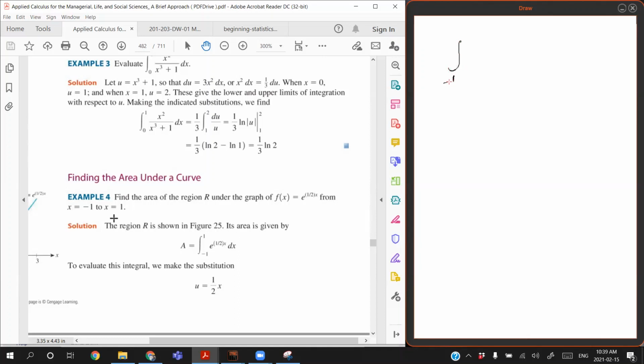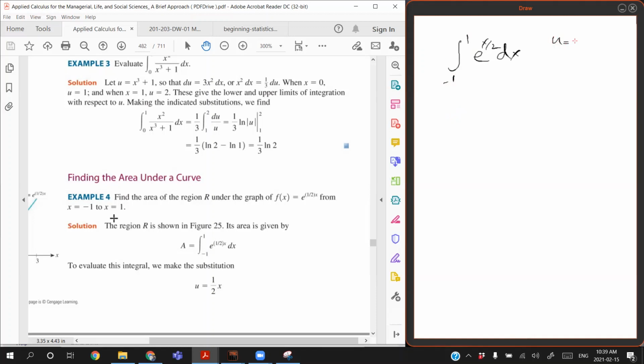We know that we are actually looking for this. This is the area under the curve e to the power of x over 2 above the x-axis, and between the two vertical lines x equals -1 and x equals 1. So is that clear? And then we solve this.